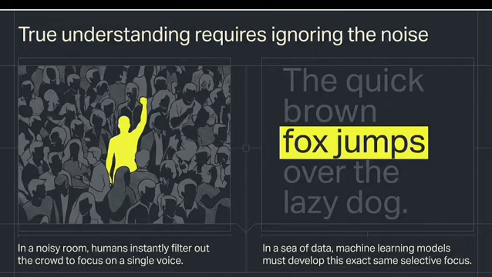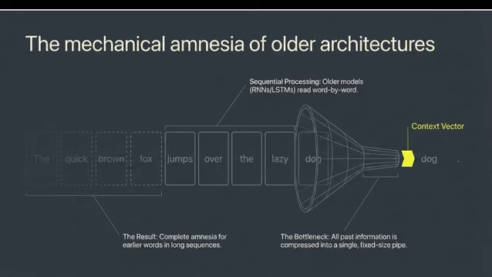In the same way, when it comes to AI, when it comes to large language models or any other application where we use the attention mechanism, when we are feeding an LLM a sentence, with the attention mechanism, the focus will be on a specific part of that sentence. It won't be on the complete sentence. As you can see in here, in a sea of data, machine learning models must develop the exact same selective focus. You'll get to know why we require it in the upcoming slides.